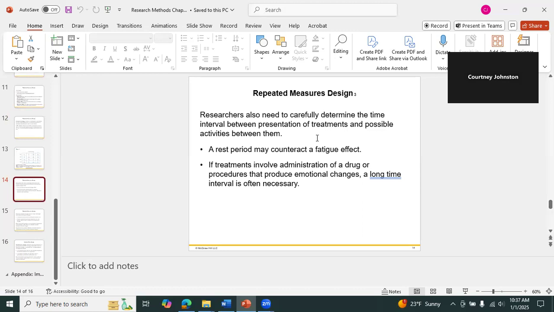So if you have maybe a rest period, that might counteract a fatigue effect and counteract any effects that might carry over from that first exposure. And like we were talking about with the antidepressant, if treatments involve the administration of a drug or some sort of emotional changes, you might need a long time interval because, again, any effects of an antidepressant may take time to wear off. I mean, you might even be talking about months between the administration of an antidepressant and then a placebo.